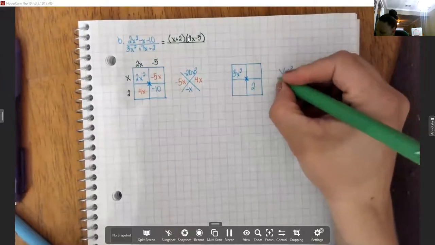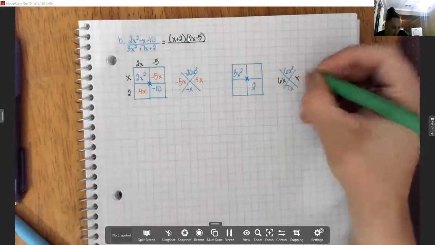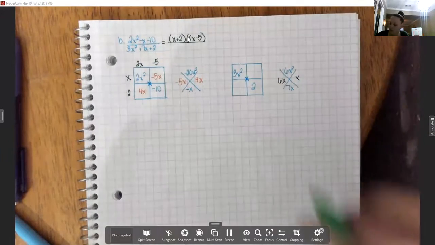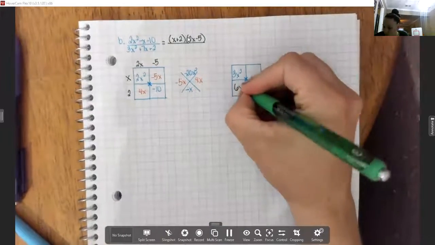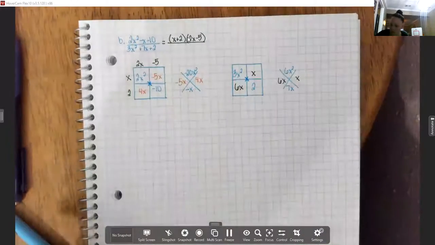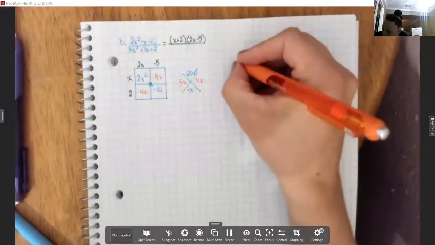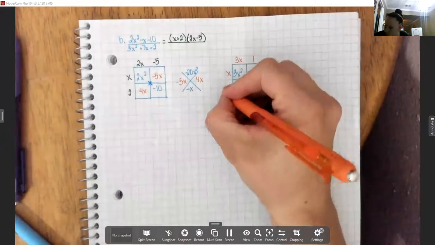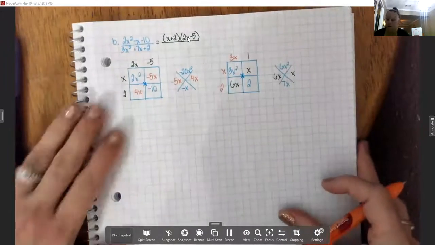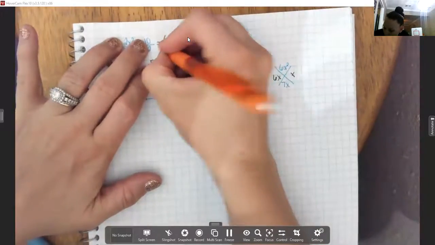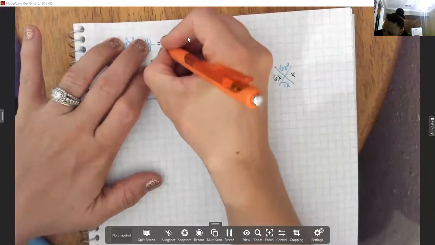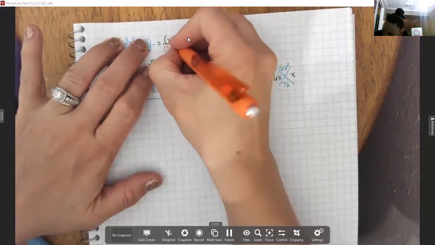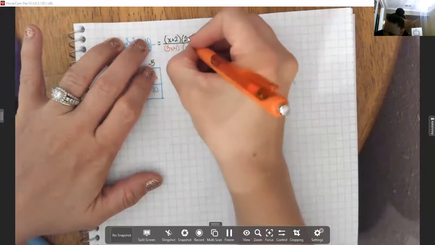So my sides would just be 6x and 1x, or just x. All right, so I get 3x, x, 1, and 2. So this can be factored to 3x plus 1 times x plus 2.